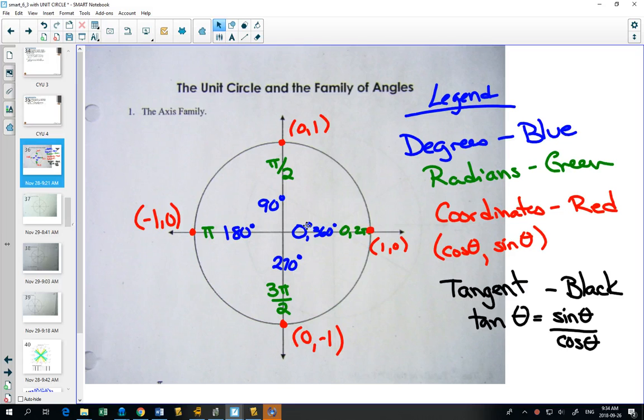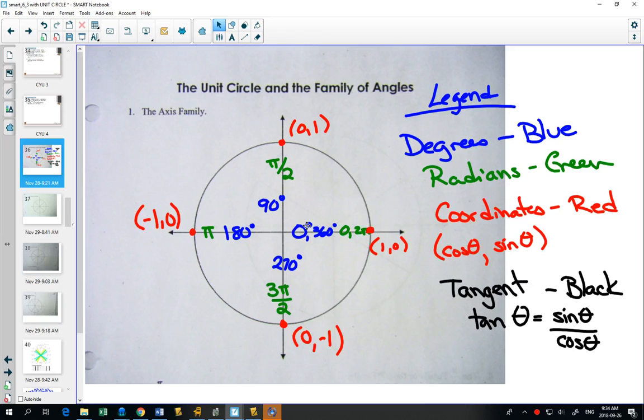So where is 5 pi over 2? Well, all the way around would be 2 pi, right? Which is 4 pi over 2. If you added another pi over 2 to that, you would get to 5 pi over 2. So 5 pi over 2 ends in the same place as pi over 2. It's coterminal with pi over 2. And so cos of 5 pi over 2 would be 0.